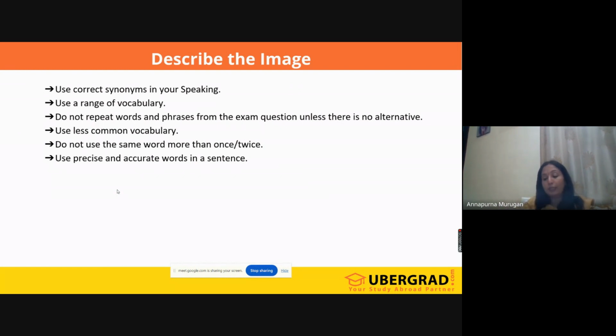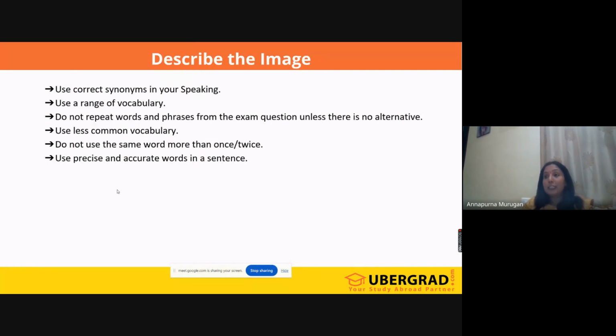No, don't give that. That will become very redundant and an awkward description also. If you're describing the image only using numbers, you're not doing the right duty of presenting the things there.